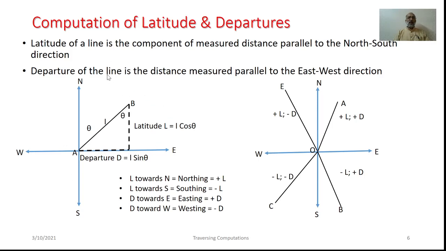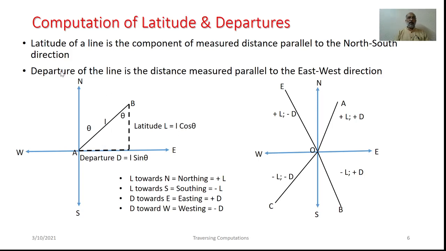So, the latitude of the line is the component of that measured distance parallel to the north-south direction. Here, as you see, for line AB, latitude is expressed as capital L with a value L cos theta.